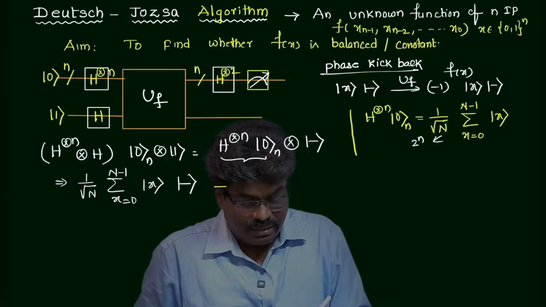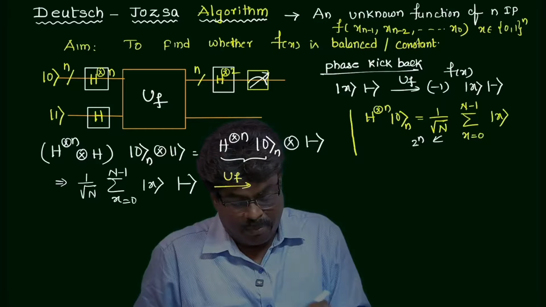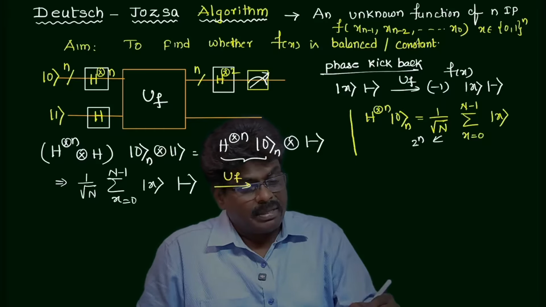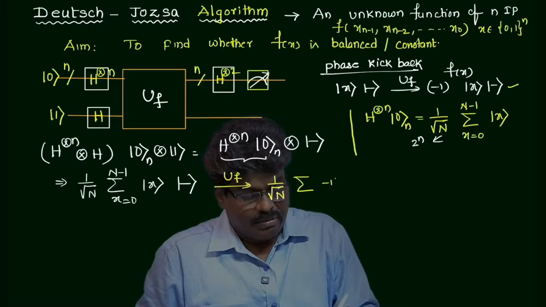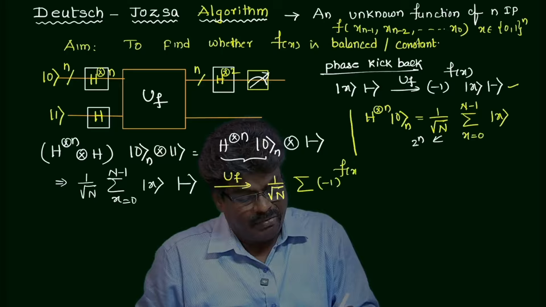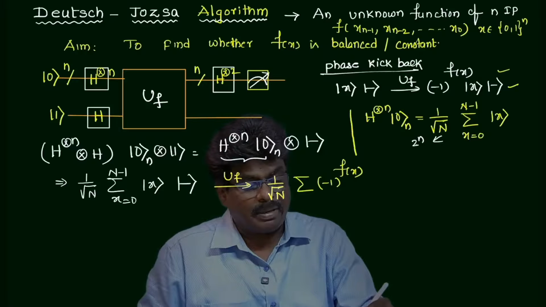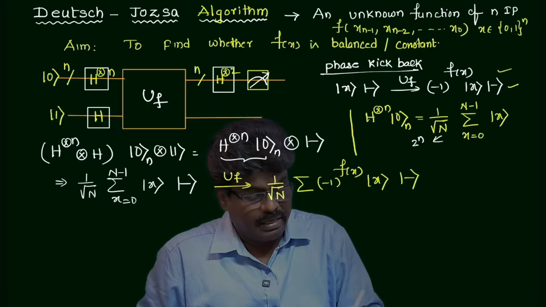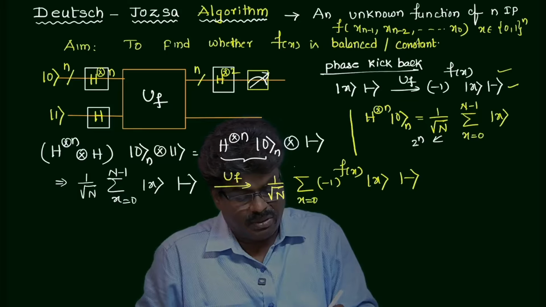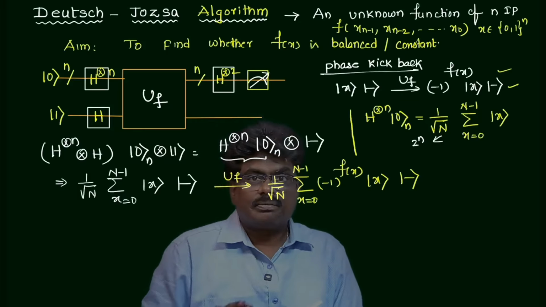So Uf is operating on this. Just apply this phase kickback rule. So this is nothing but 1 over root N summation of minus 1 whole power f of x, x minus, where x is equal to 0 to N minus 1.